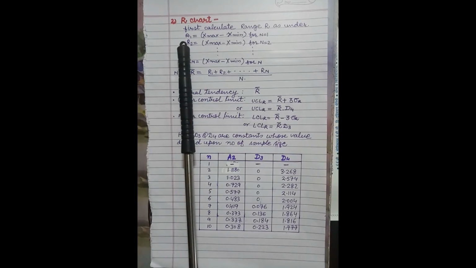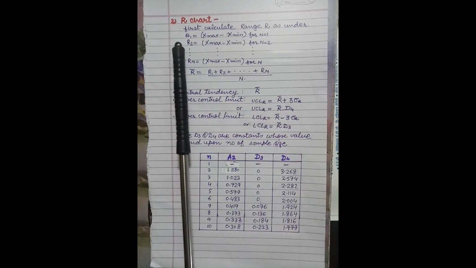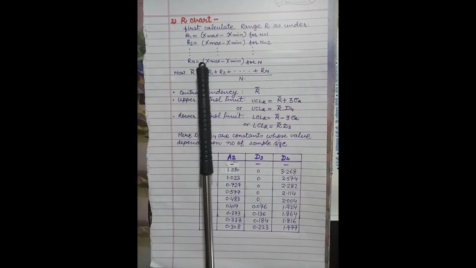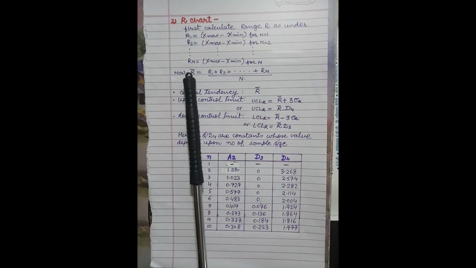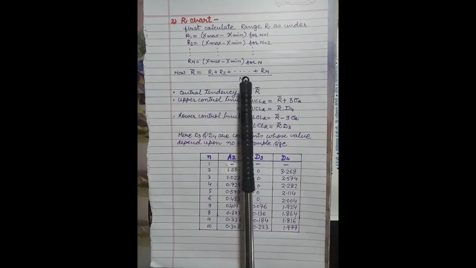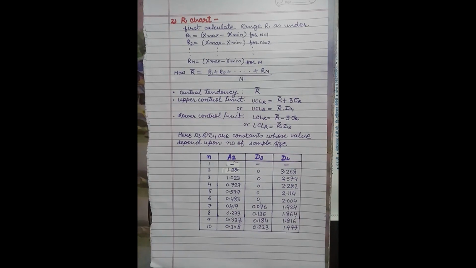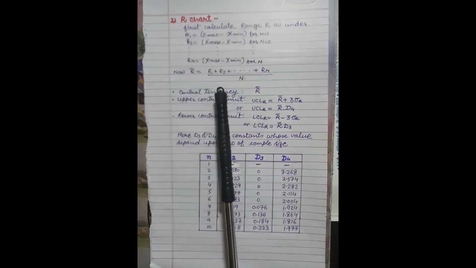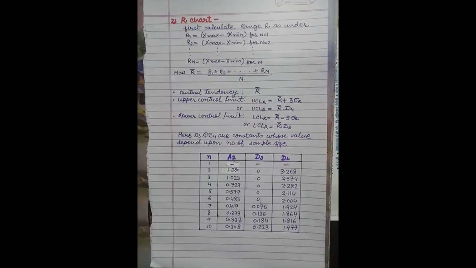Similarly, for the second subgroup, we calculate R2, and for the nth subgroup we calculate Rn. So the average of all the ranges, R bar, is R1 plus R2 and so on up to Rn divided by capital N. So here R bar, which is the average of range, is the central tendency for the R control chart.